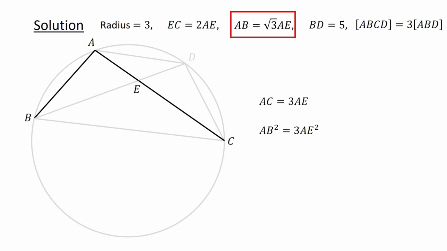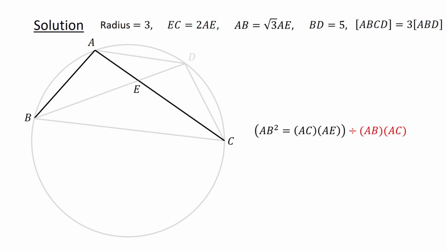Next, we write the left hand side as 3AE times AE. Since AC equals 3AE, we have AB squared equals AC times AE. Following this, we divide both sides by AB times AC to obtain AB over AC equals AE over AB.